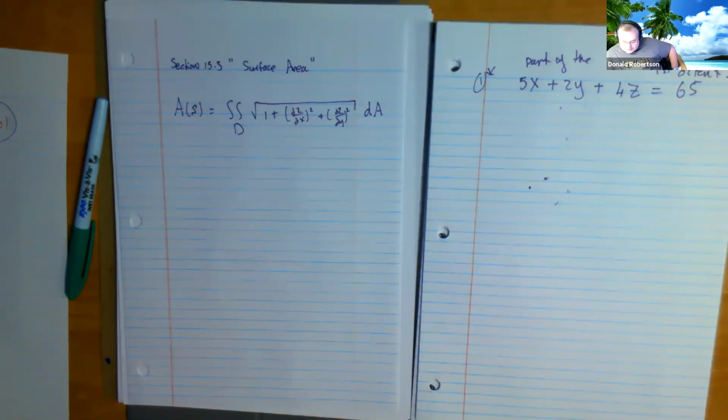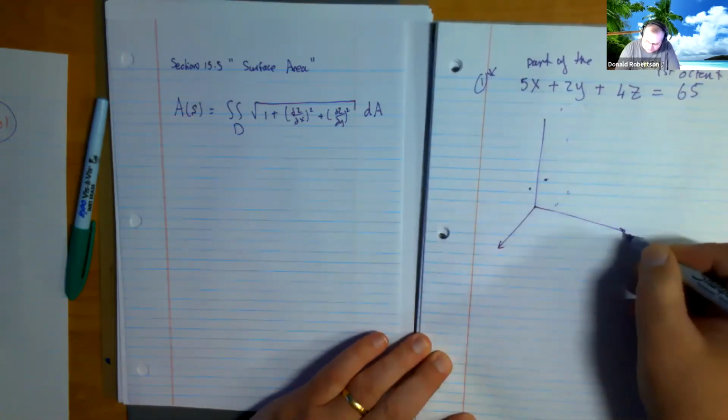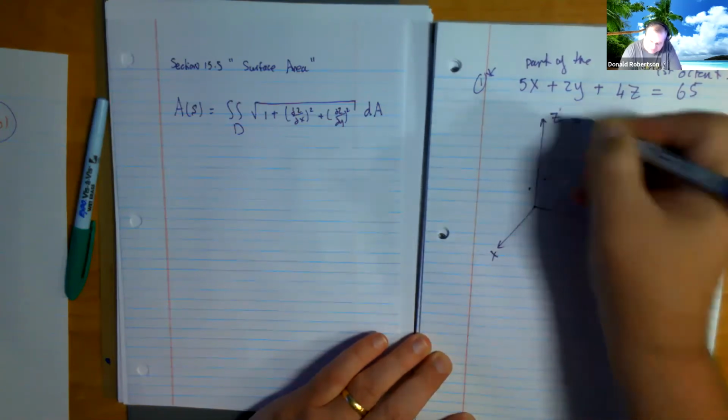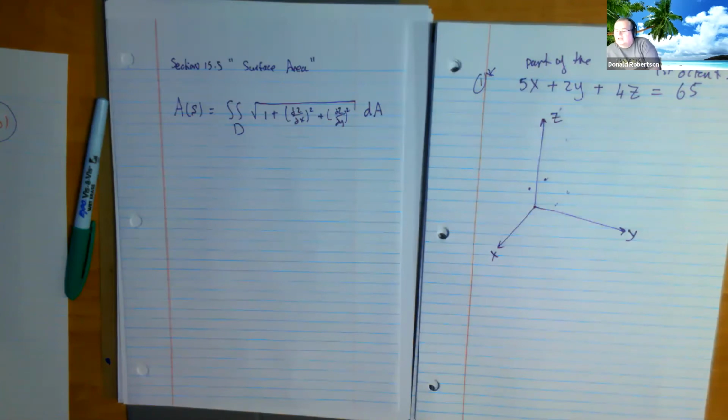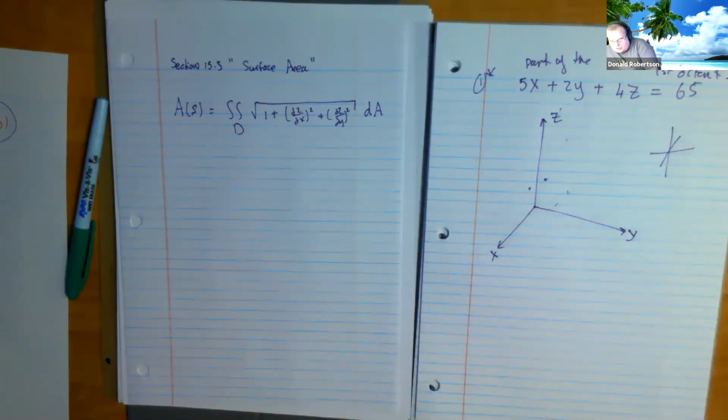So what on earth are we looking for? Well, this one is giving us a disguised D. They're not telling us D directly. What they're saying is it's in the first octant. So let me tell you where the first octant is. Can you imagine a 3D shape with the 3 axes in it?